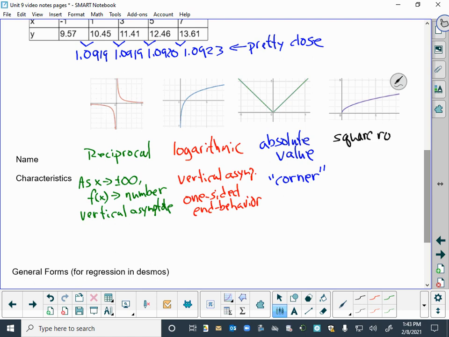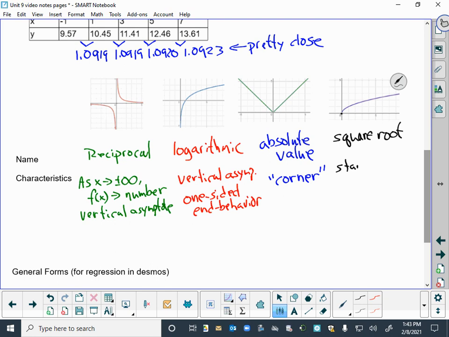We haven't looked at square root as a parent function to this point, that is coming, but just to begin familiarizing ourselves with that, we can see that it just seems to kind of start out of nowhere, right? So we can say that it begins right there.